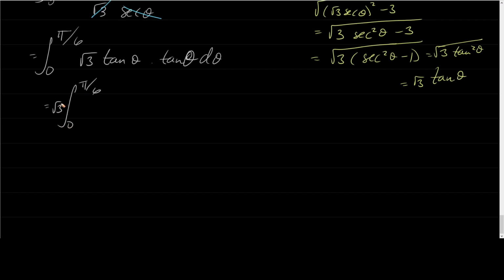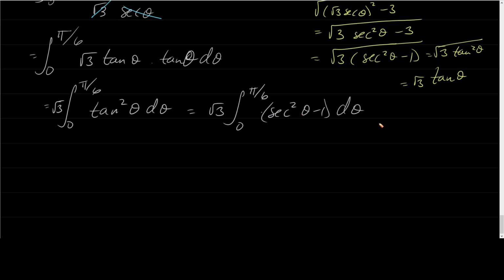We get the radical 3 on the outside, and on the inside we get tan squared theta d theta. All right, excuse me. So now, at this point, we're going to say, well, tan squared is secant squared theta minus 1 d theta.